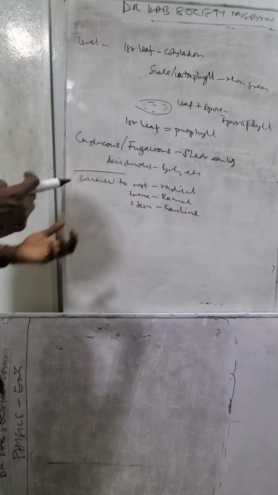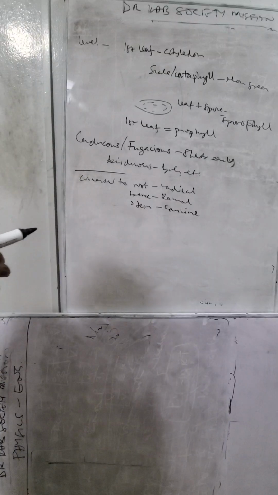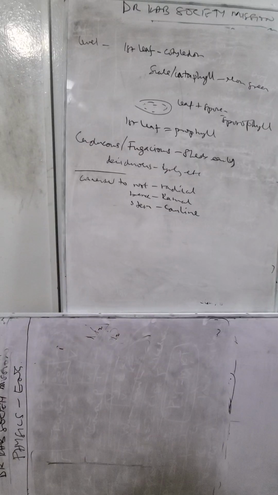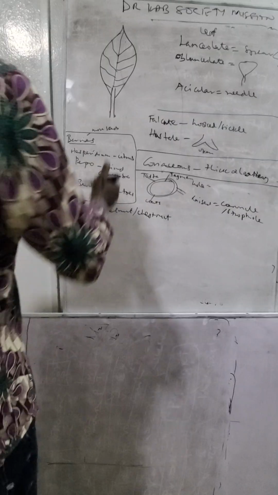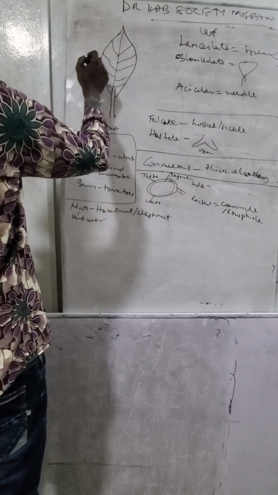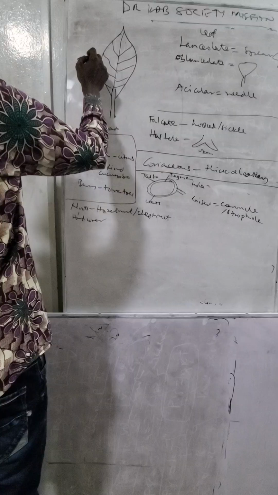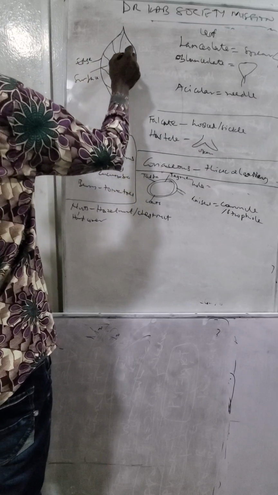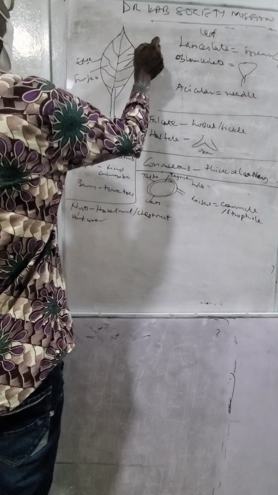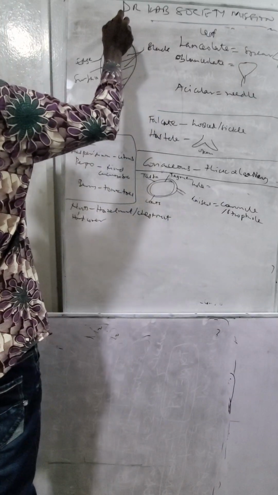Let's look at other collections of terms. So this is the leaf. This will be the edge, the surface, and of course the blade. So this is the tip.